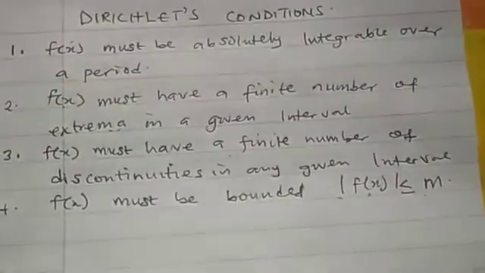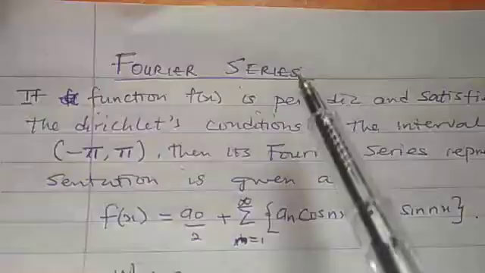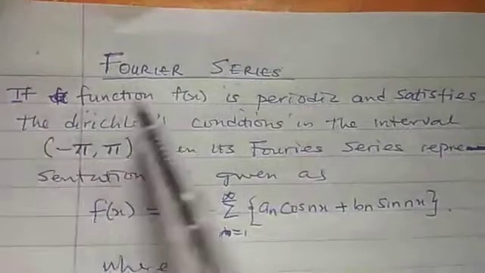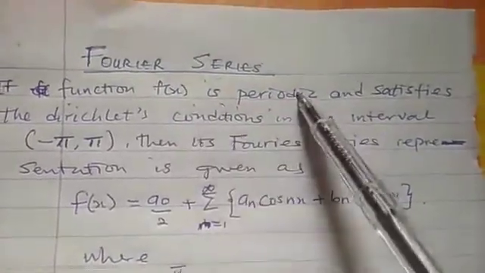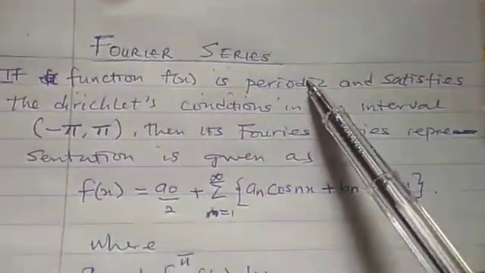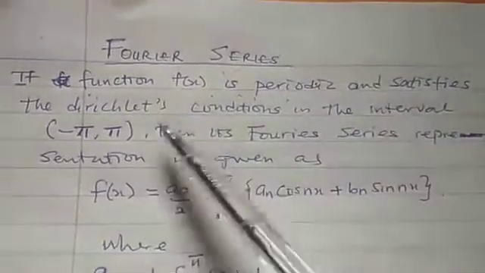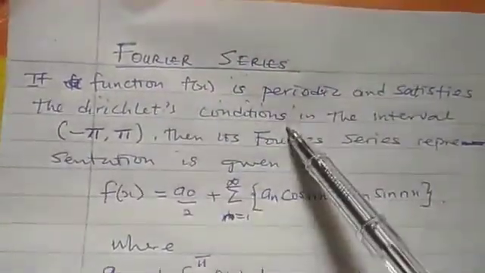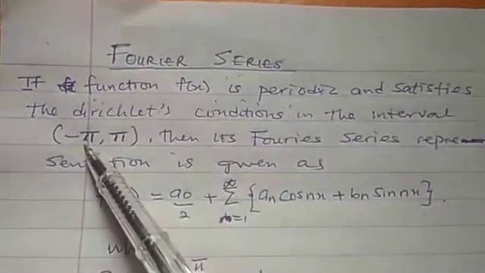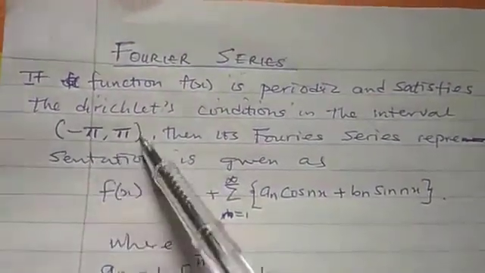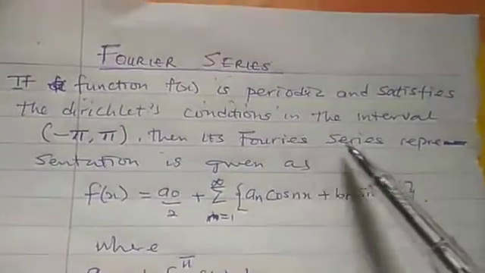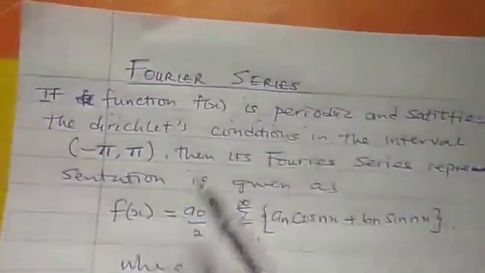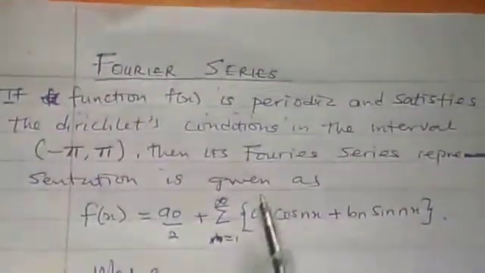So that will now lead us to the definition of Fourier series. If a function f of x is periodic, I have explained what a periodic function means, and also satisfies the just concluded Dirichlet conditions in this interval minus pi to pi, then its Fourier series representation is defined as this.